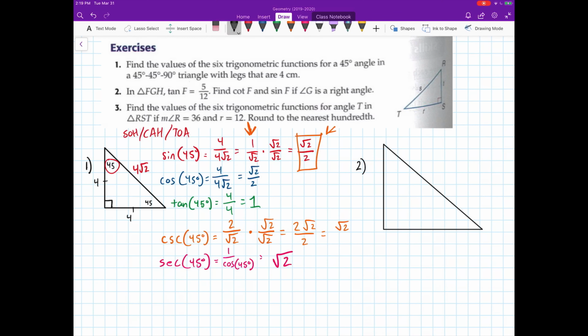All right, and then finally we have cotangent of 45 degrees, and that's going to be 1 over tangent of 45 degrees. Tangent was just 1. So flipping that over, you just get 1 again. All right. Next, we'll go to number 2.